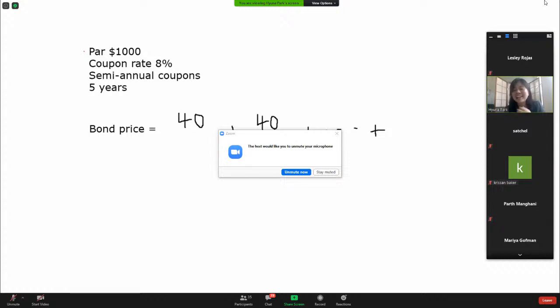There will be 9 of these $40 payments before the end of the 5-year period. So this 40 will repeat 9 times.